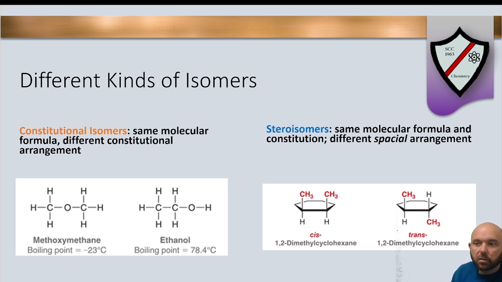Because we've looked at how ring flips work, we know that you never can arrive at a situation where these two can be exactly superimposed upon each other, because they are different. And even though they have the same connectivity, even though they have the same molecular formula, they are isomers of one another because of those spatial arrangements of those methyl groups above and below the ring, making these two molecules, as we say, stereoisomers of one another.